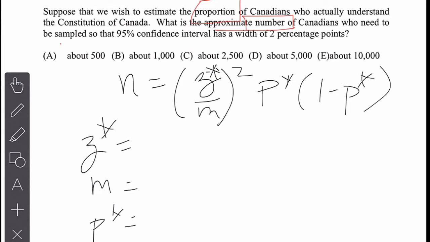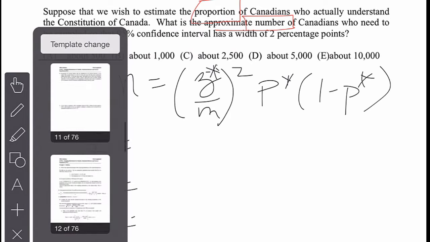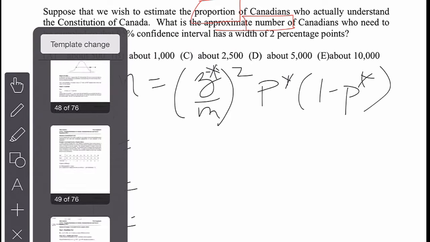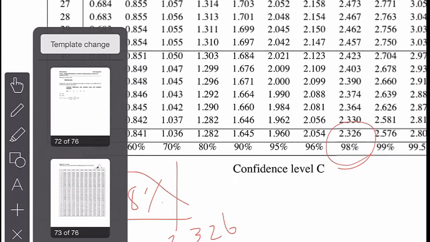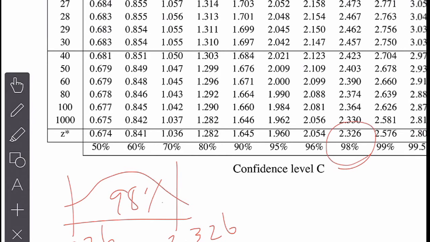So I'm going to go to the table for that, and I introduced today the bottom of the Z table, and for 95% confidence level, as it says here, I pick this one, 1.96. Okay, so I'm going to use that. I could also find it in the Z table.